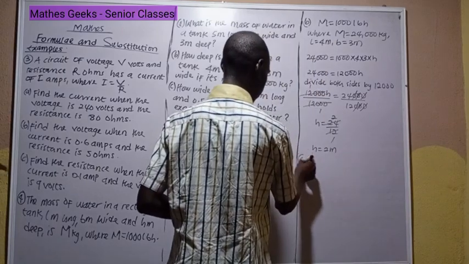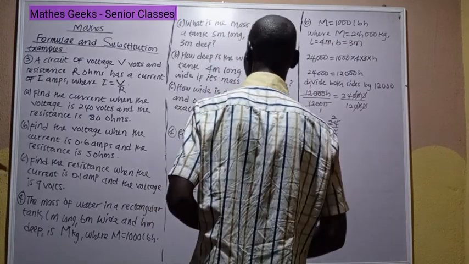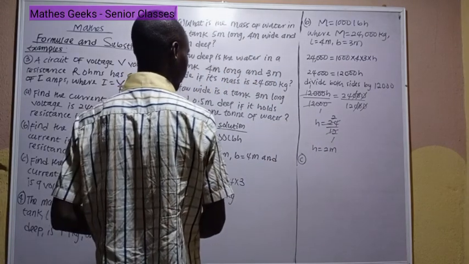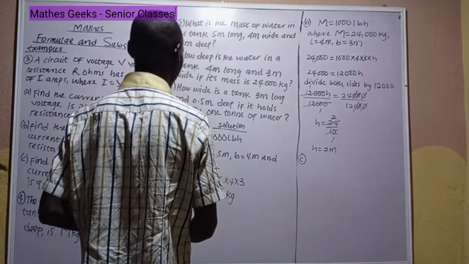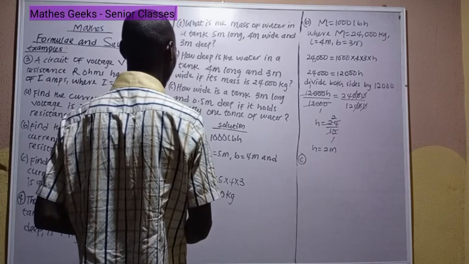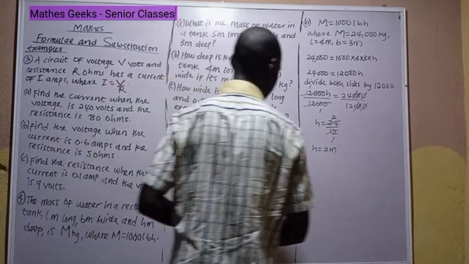C. How wide is the tank if it is 3 meters long and 0.5 meters deep and it holds exactly 1 ton of water?